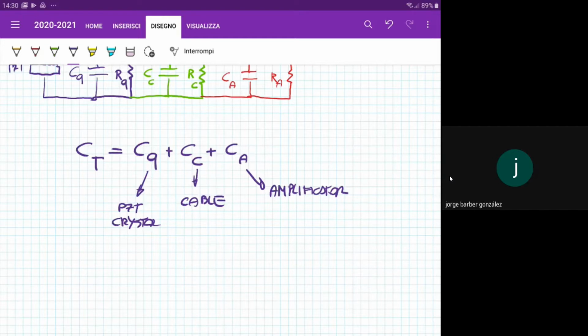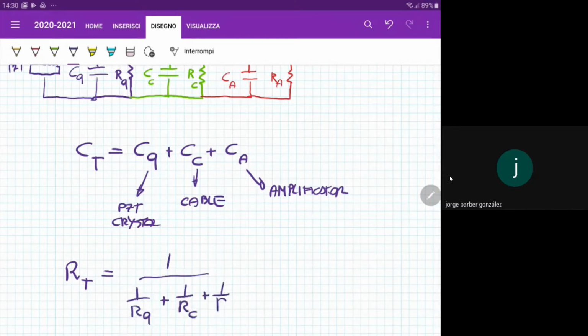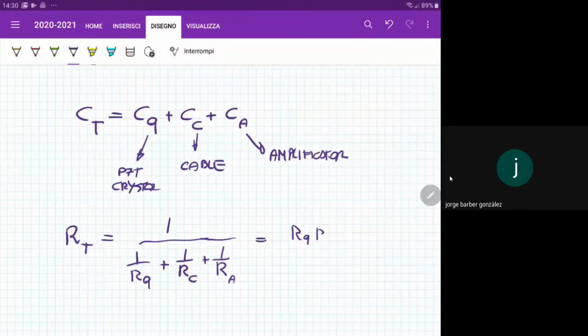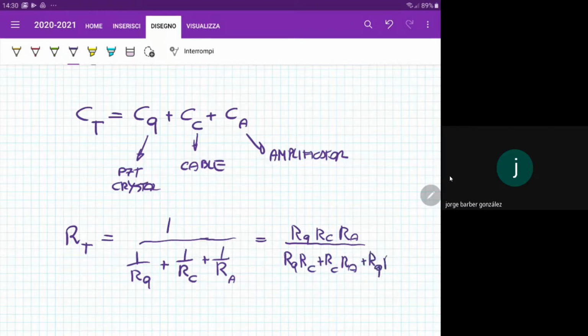Okay, so the total resistance of the equivalent circuit is 1 over 1/RQ plus 1/RC plus 1/RA. Okay, and if you like to have it, you get RQ RC RA divided by RQ RC plus RC RA plus RQ RA, and that is the final result.